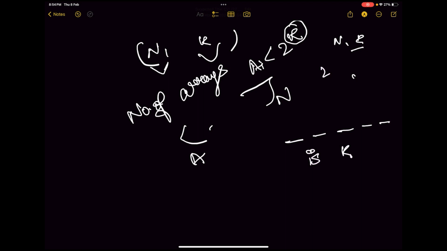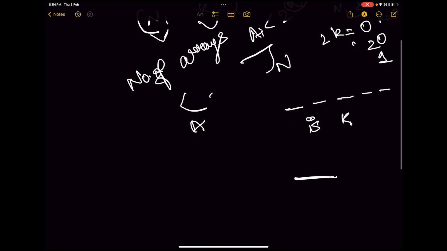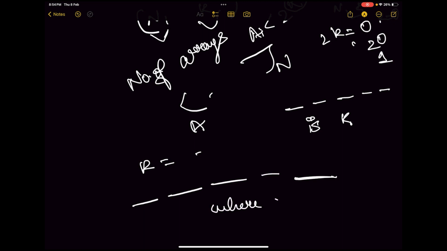If we consider k equal to 0, then 2 to the power 0 is 1, so we cannot use a set bit at any position. Whatever the value of k is, that is the number of places where we can use set bits.